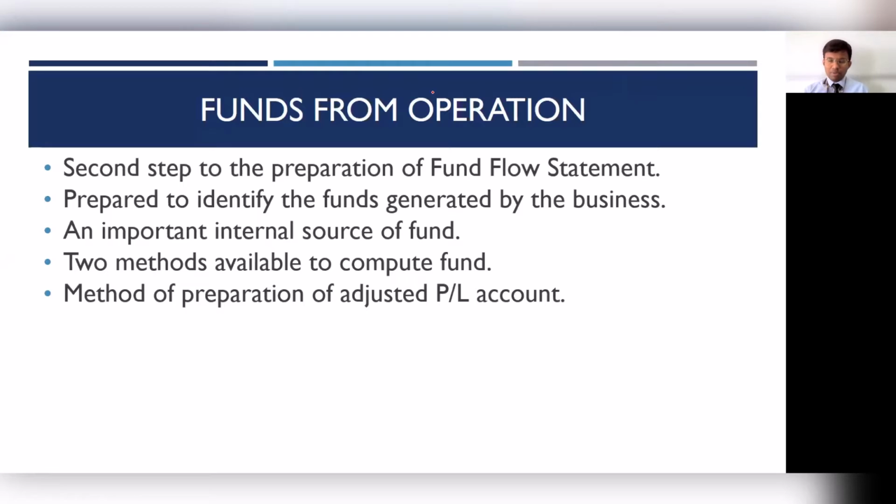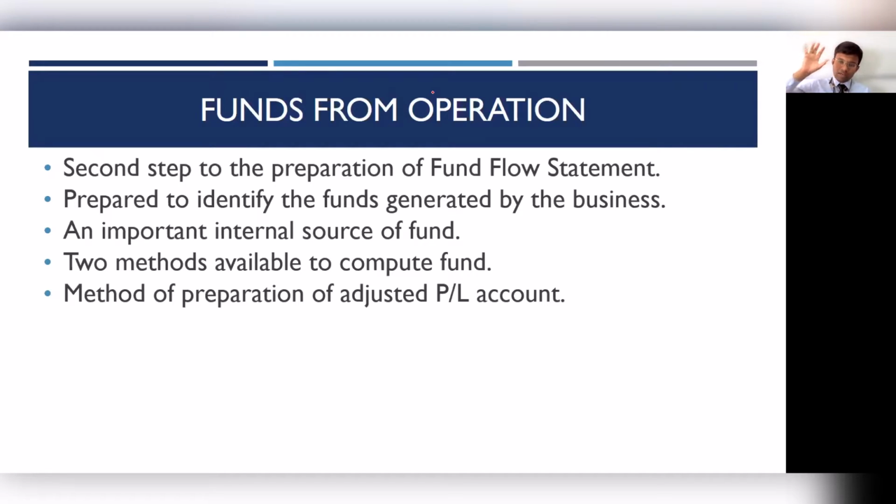Now, what we would be preparing as a part of the fund flow statement is a statement called the adjusted profit and loss account. Why do we prepare it? Because here we are following the reverse. We go about the preparation of adjusted profit and loss account in the reverse manner.